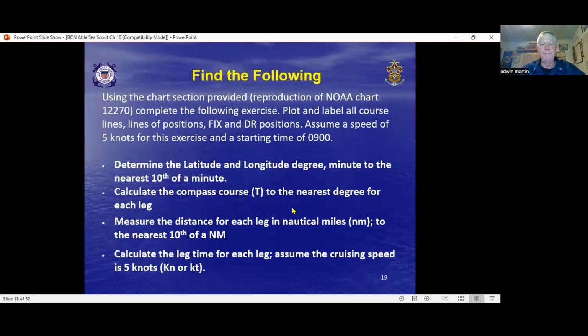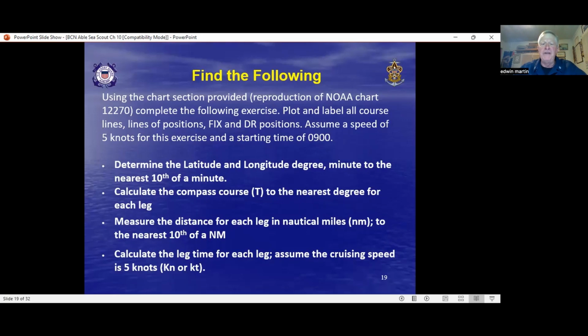Okay. So using the chart section provided, and assuming a speed of 5 knots and a starting time of 0900, I know that you've probably already know how to determine latitude and longitude.